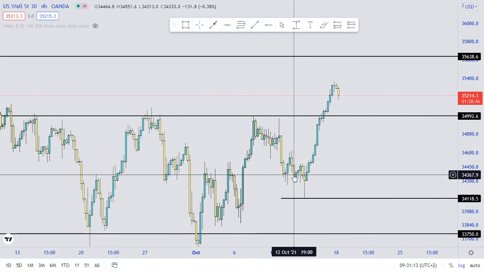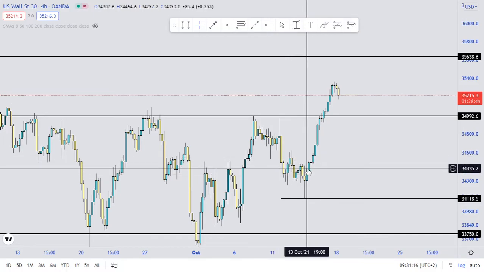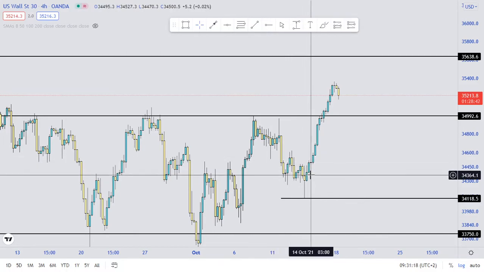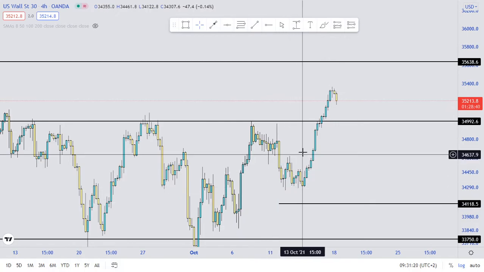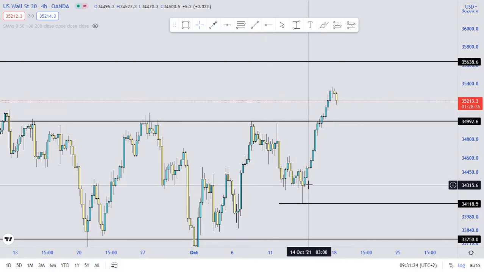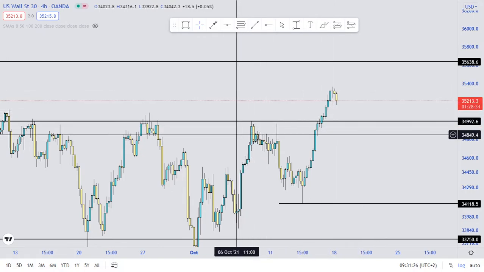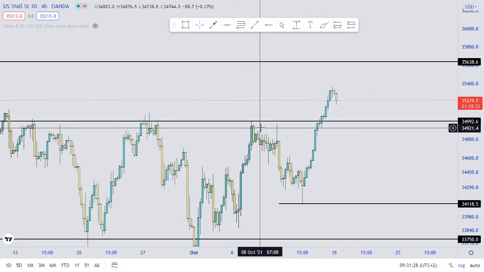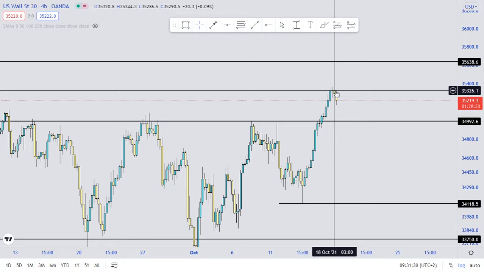I did break down this setup in my previous video on US30 as well. Price is basically in an impulsive phase right now. It broke all of this structure, the previous higher high points, and is creating a new high point.